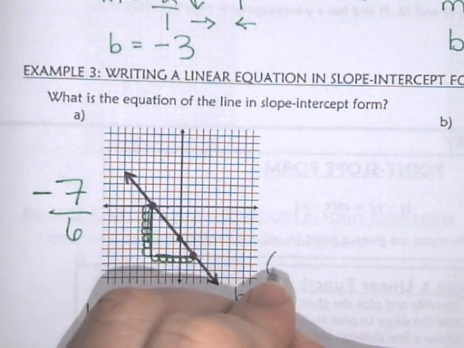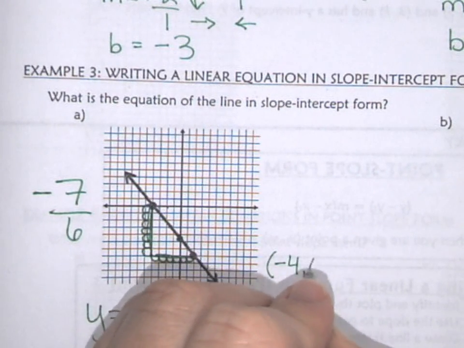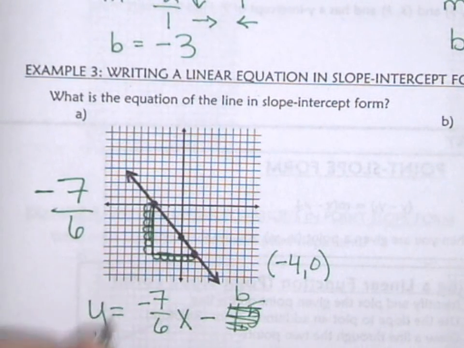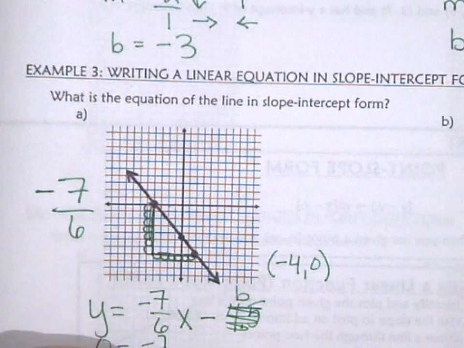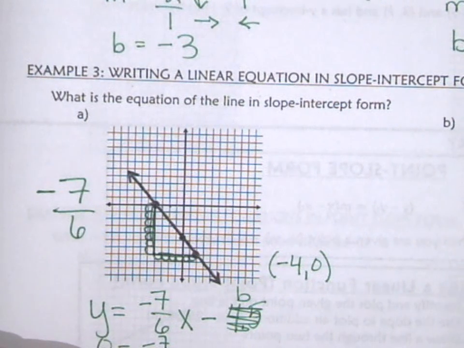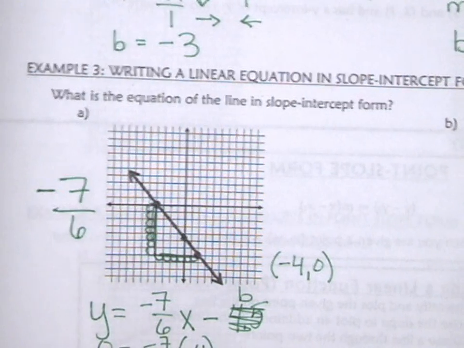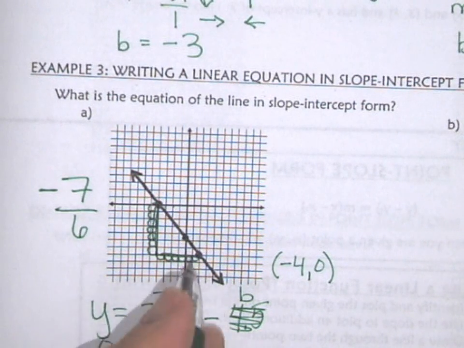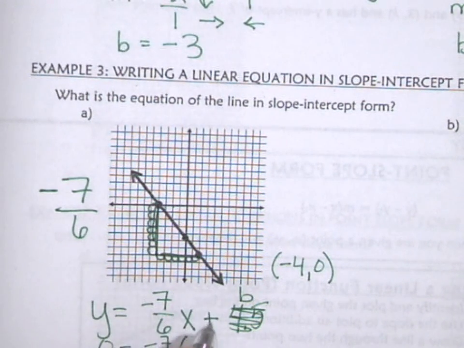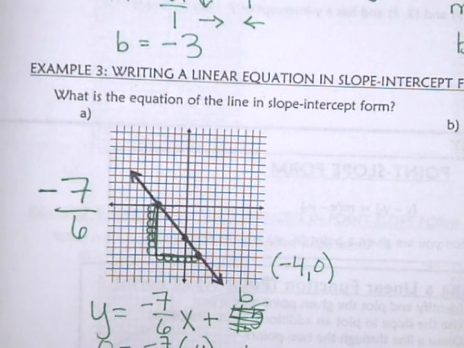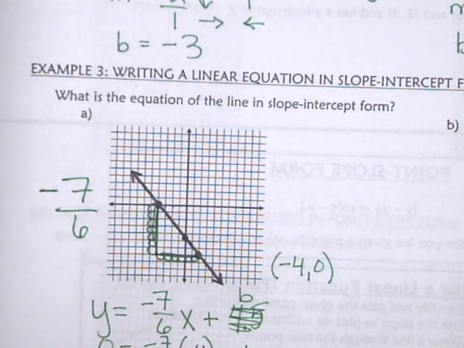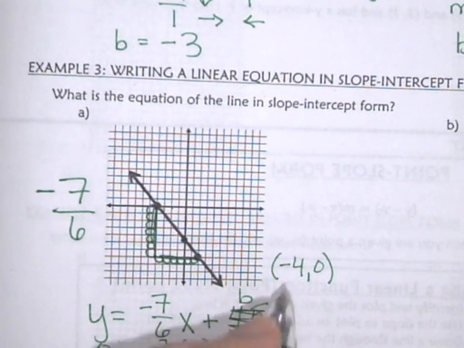So I have the ordered pair negative 4, 0. So I can substitute that in. I know it's going to be a negative number, but I can just do plus b here. So I get that 0 is equal to 28 over 6 plus b.